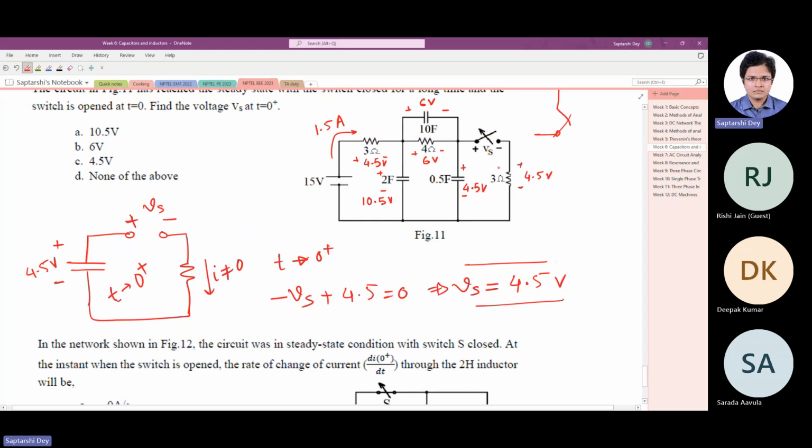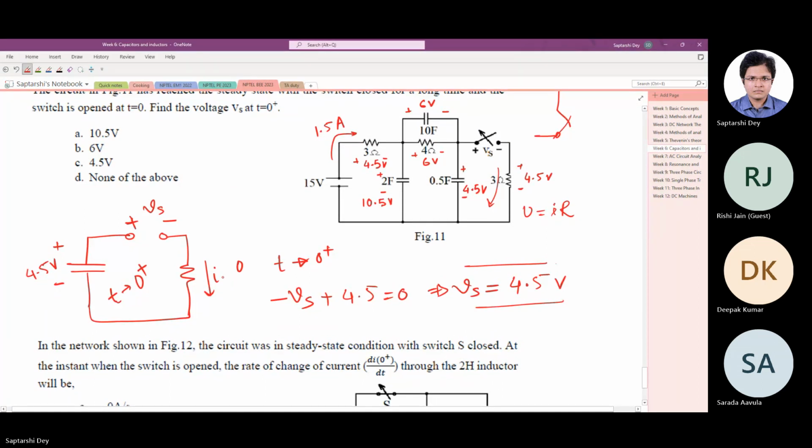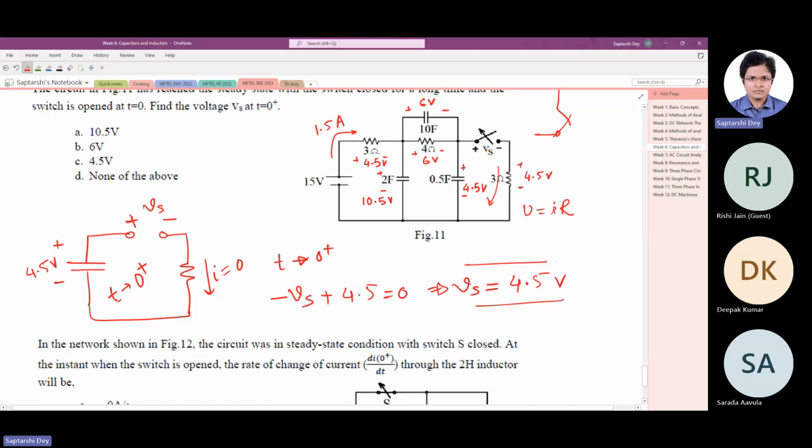So if the current is 0, voltage is also 0. That was a confusion because I wrote I not equals 0. Okay. Open circuit. The current cannot flow at all.